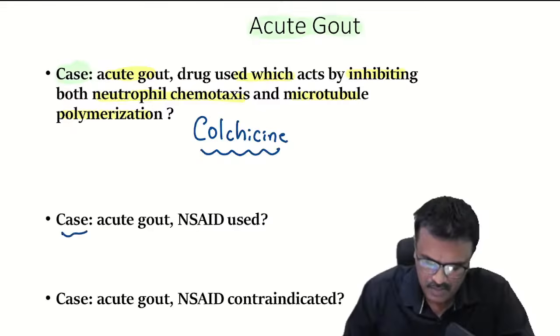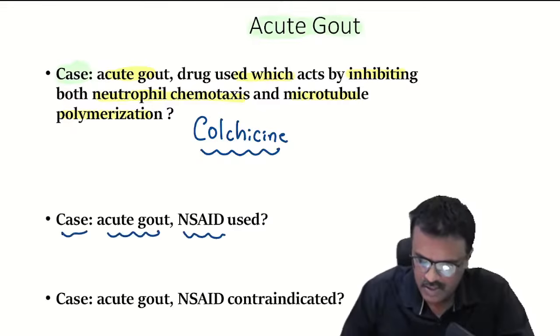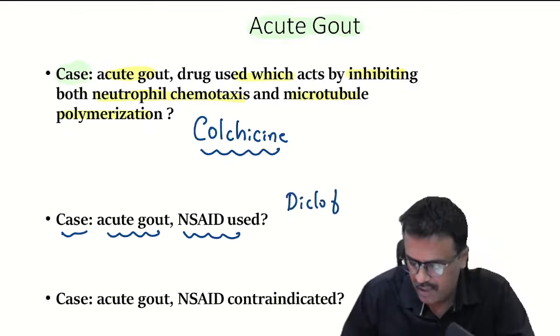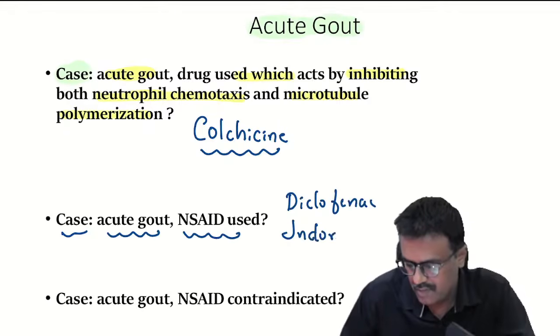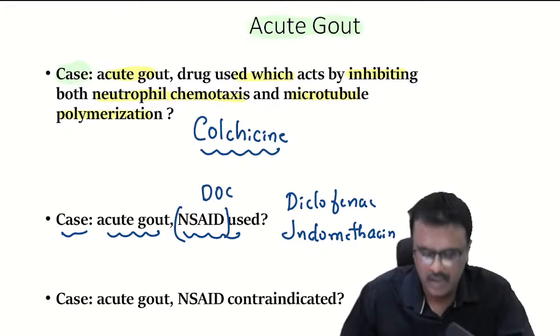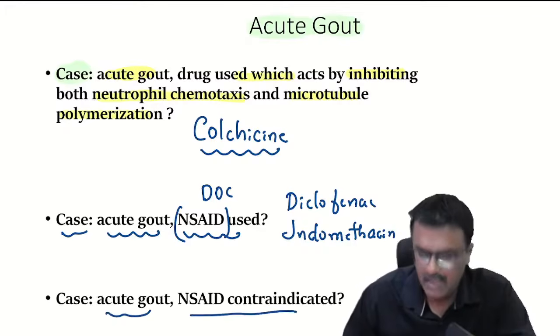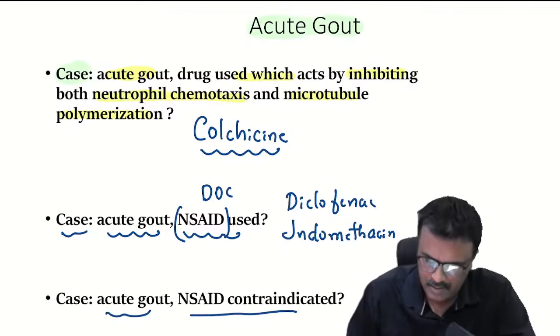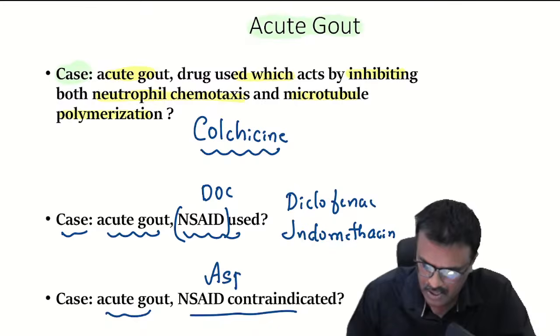Second, the patient is having acute gout, what is the NSAID used? NSAIDs I can use are diclofenac, indomethacin. For acute gout, NSAIDs are the drug of choice. In acute gout, what is the NSAID never given, contraindicated? It is aspirin.